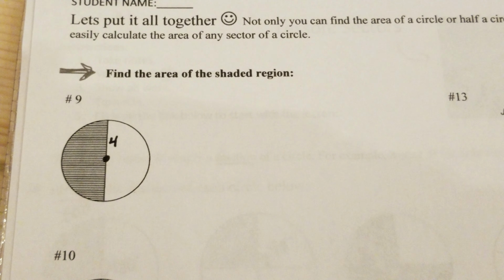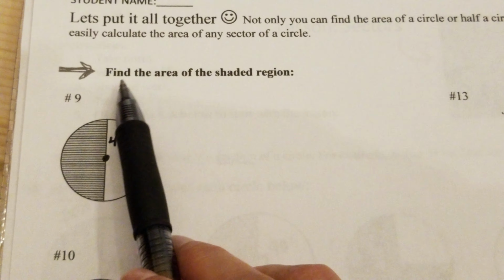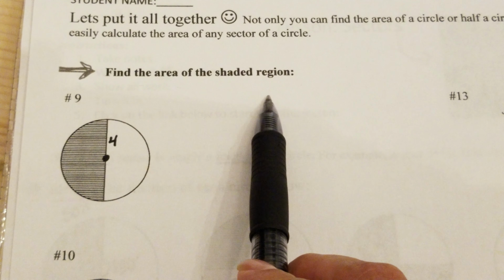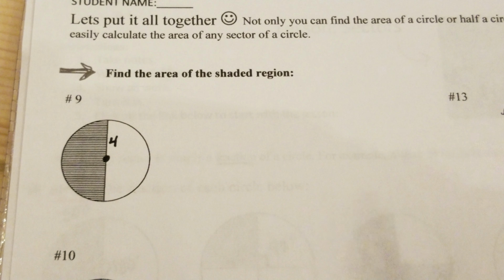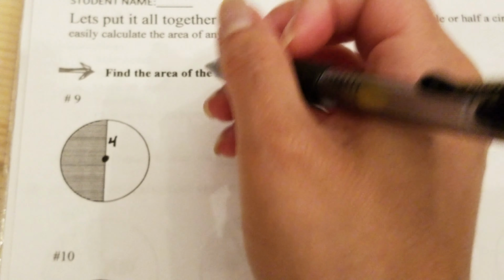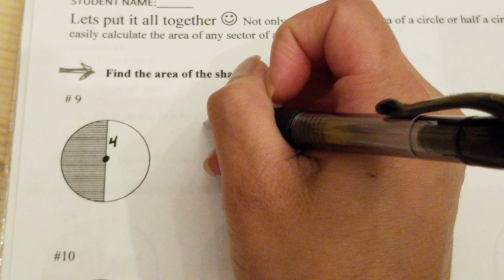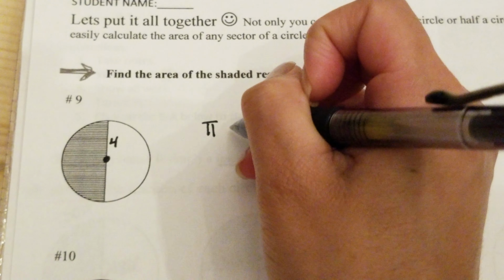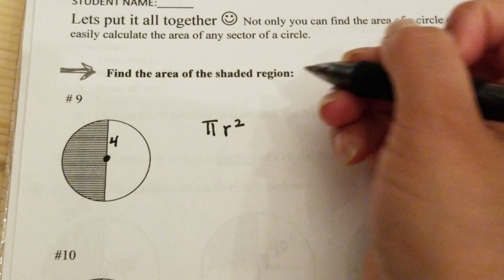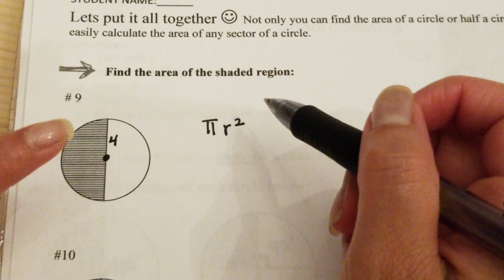Now that we know how to calculate the fraction of each circle, we can do this one and find the area of the shaded region. Okay, so all of these problems are circles. I'm going to use the area formula to find the area of a circle. So pi r squared. And this is only half, right?